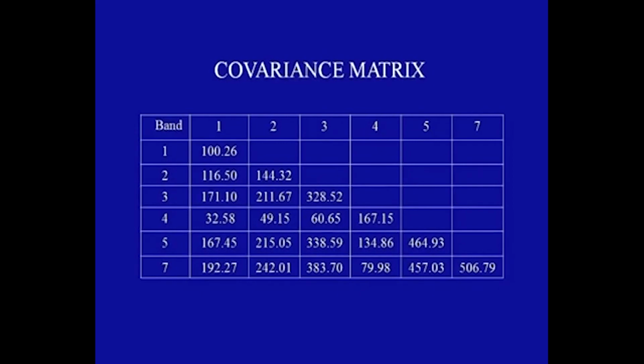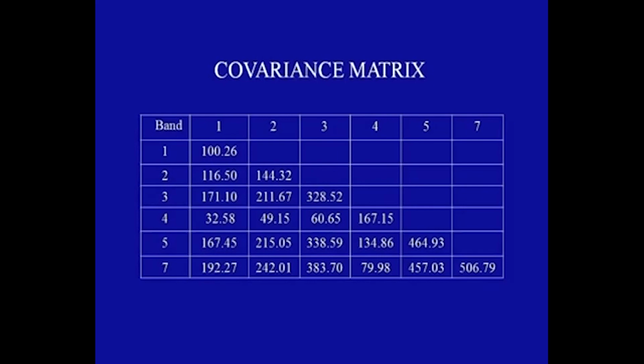Here we find that the diagonal terms are nothing but the square of the standard deviation, or what we call variance. Variance is like entropy as in thermodynamics, which tells us the amount of heat energy.